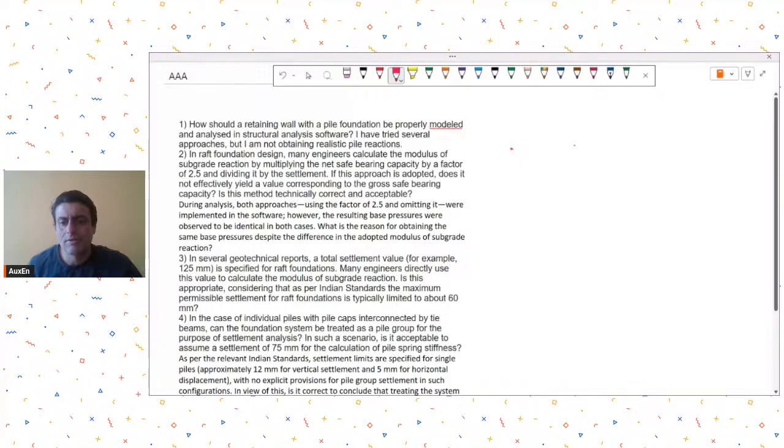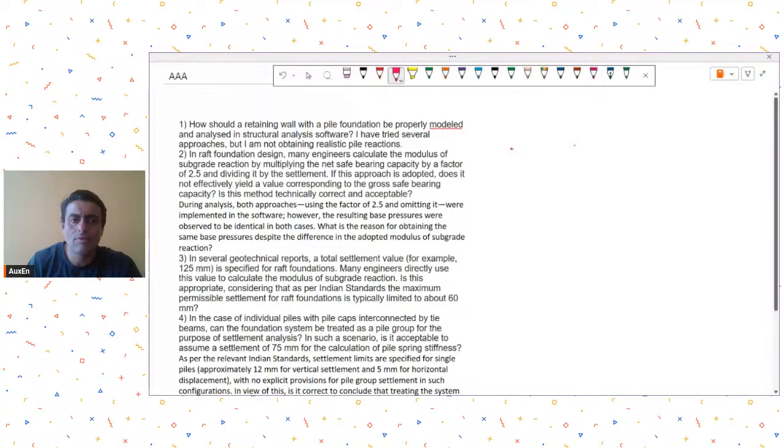So this is the kind of retaining wall you have come up with, and I think this is called the heel, and this is called the toe.